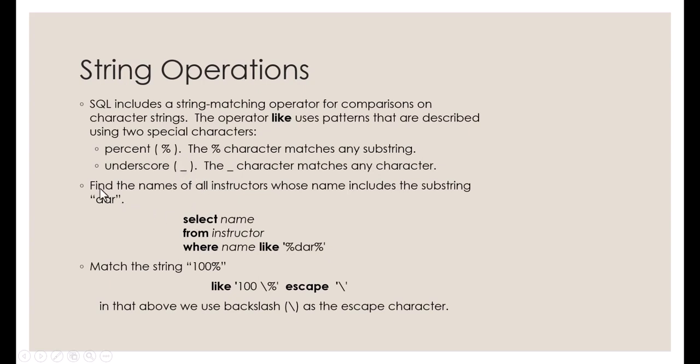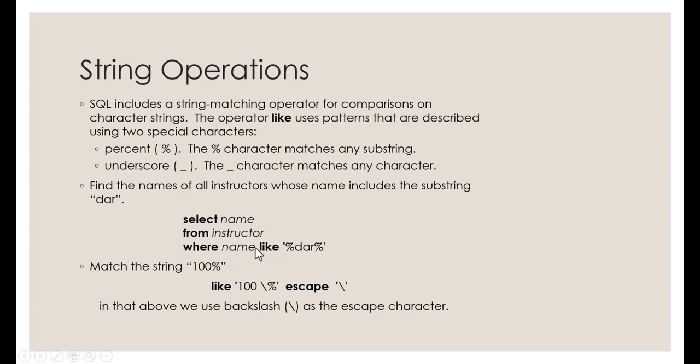Okay, so if we want to find the names of all instructors whose name includes the substring dar, meaning we could have something before dar, something after, or something in front and after dar, right? Select name from instructor where name, and then we use the keyword like.